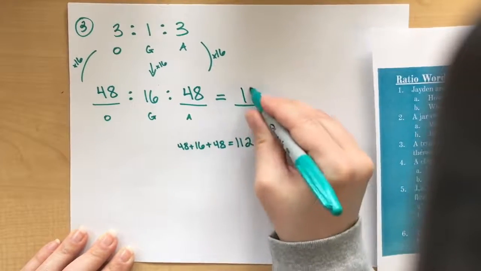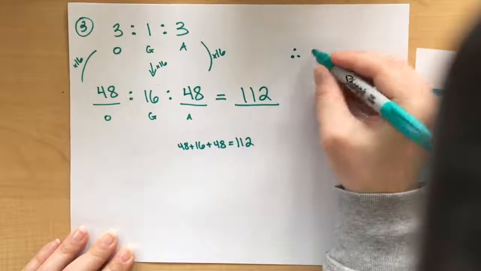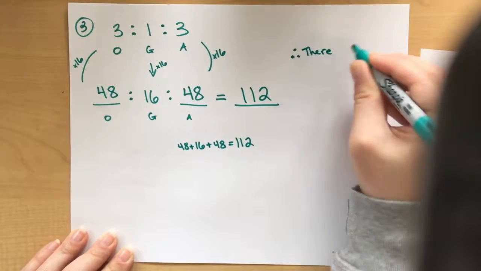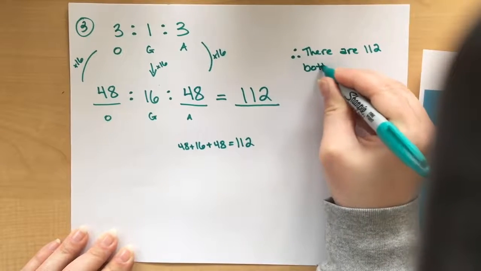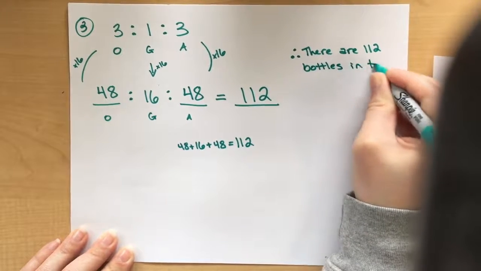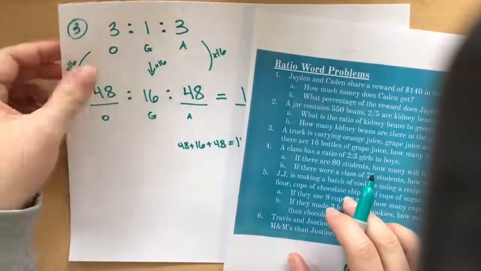So the sum of the ratio is 112, and that represents how many total bottles there are. So there are 112 bottles in total. Okay, and that's for question 3.